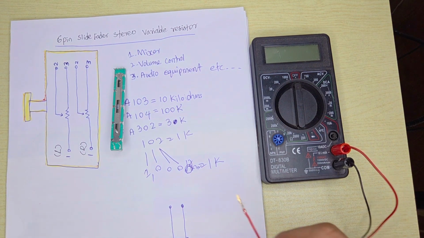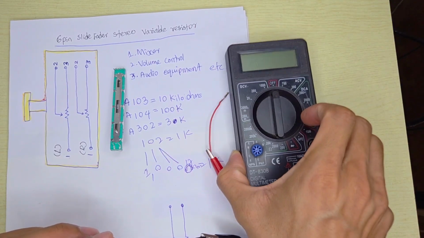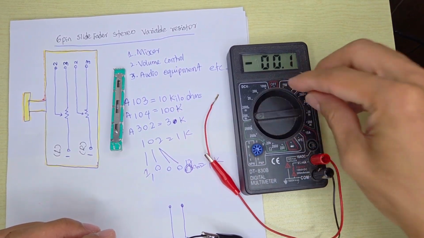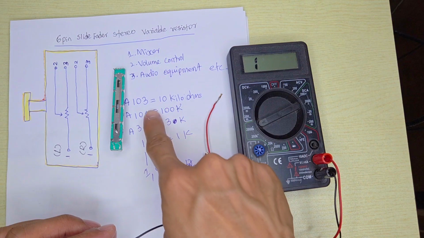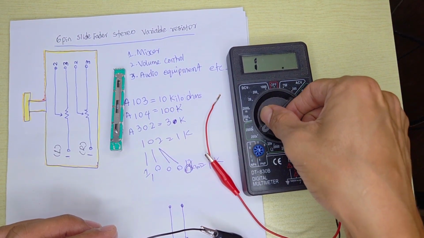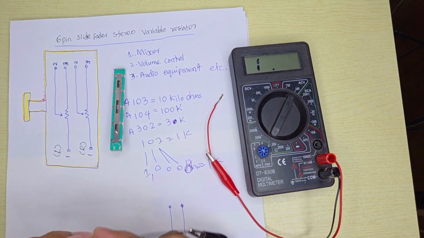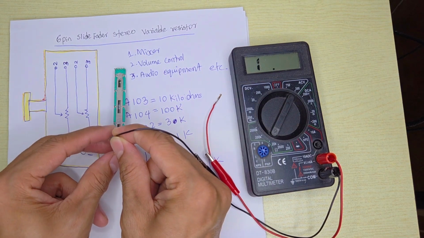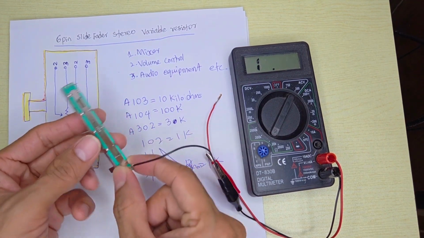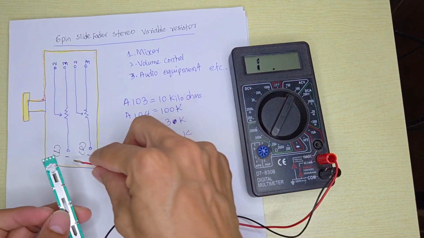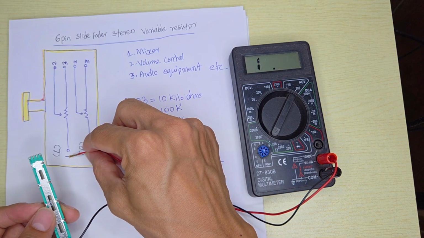Okay, we're going to test. For the left channel, we set the multimeter to resistance at the highest range. Since the body is 103, which is 10 kilo ohm, we can set it to 20k. We place the black probe on channel 1, left channel in, and test from pin 1 to pin 3.